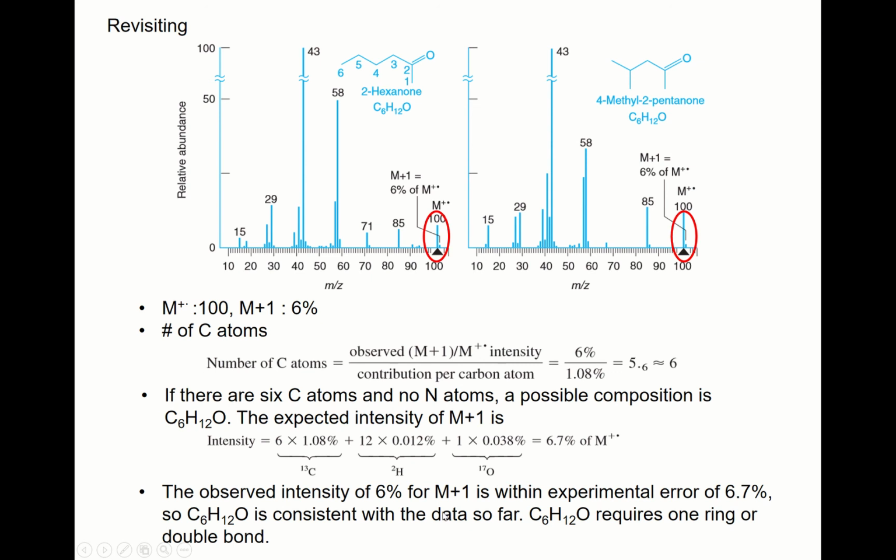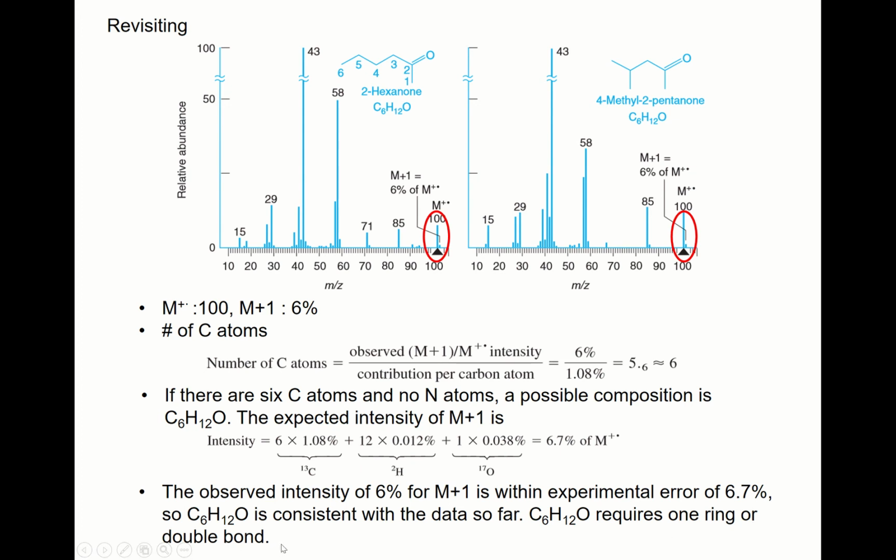If we blow up this observed part, you'll find this height is about 6%, but our calculation is 6.7%. Within experimental error, they can be considered identical. This composition requires one ring or double bond.